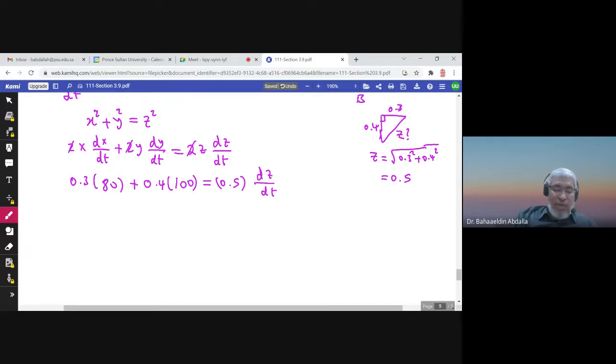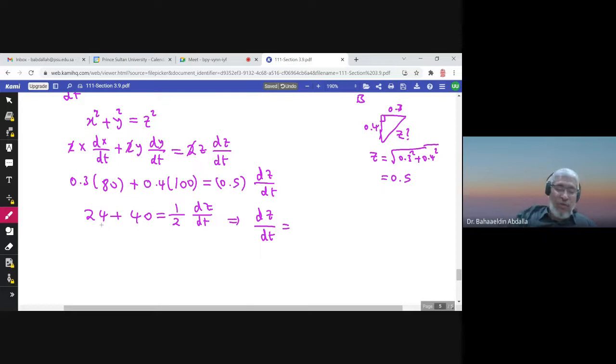Let me multiply 0.3 by 80. This is 24. 0.4 by 100 is just 40, equals half, 0.5, or just half, dz by dt. So dz by dt would be multiplied by 2.